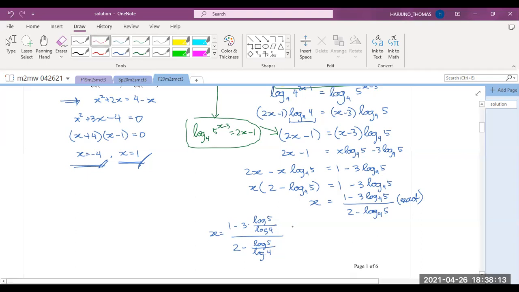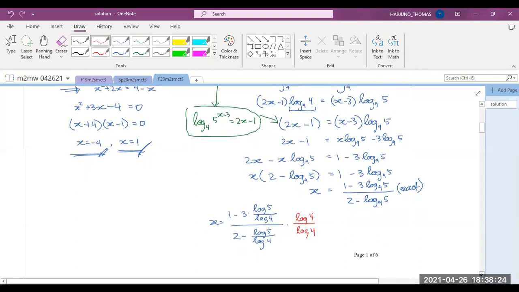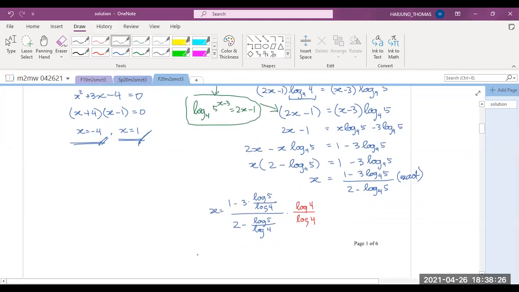And then from there, you may want to multiply by log 4, both on the top and the bottom first, which will give us x equals log 4 minus 3 log 5 over 2 log 4 minus log 5.